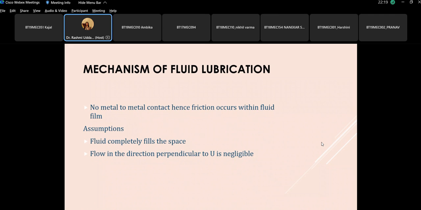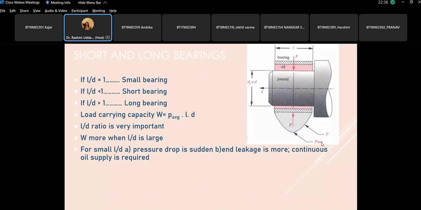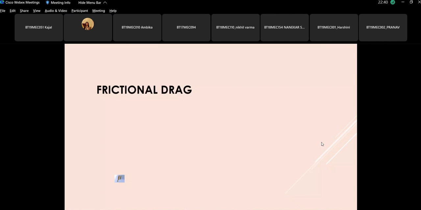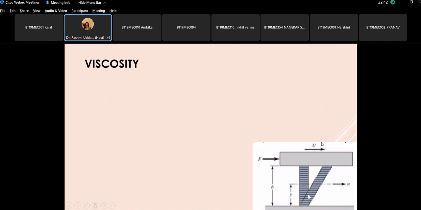Flow in the direction perpendicular to the direction of speed, u, is negligible. So we are assuming that the oil is flowing only in one particular direction, say the x-axis, with velocity u. As the graph was shown earlier, the lower part is the fixed or stationary part and this part is the moving part.